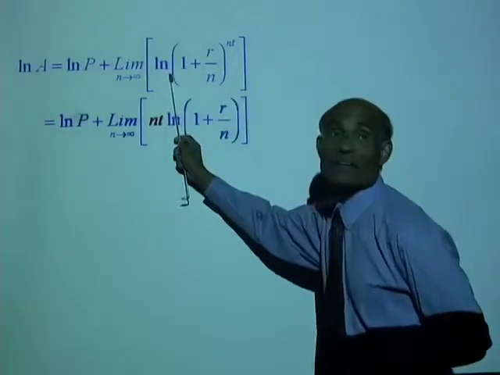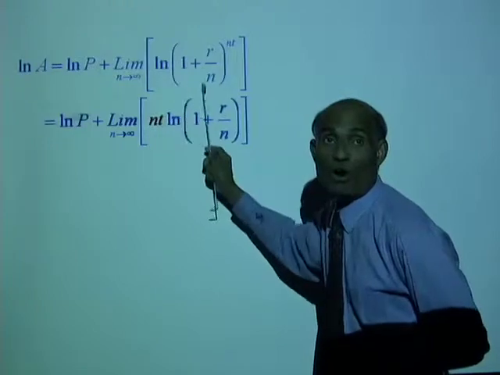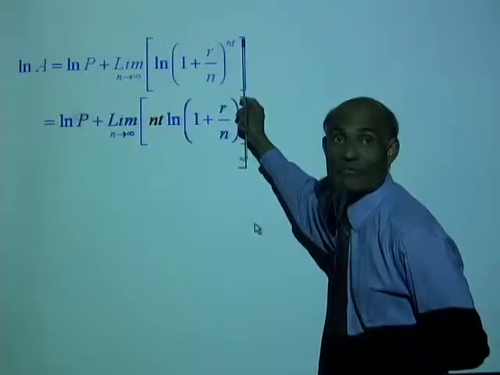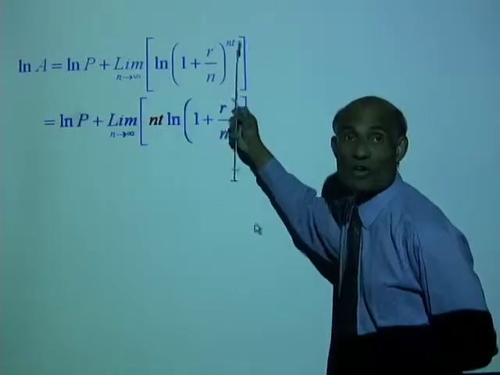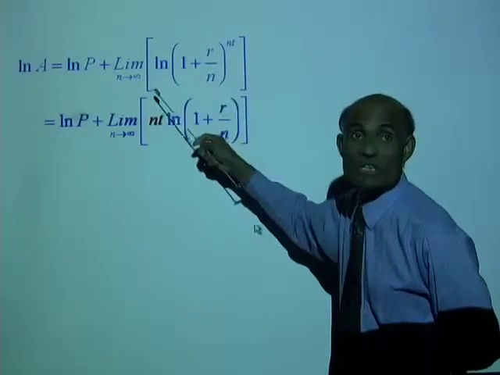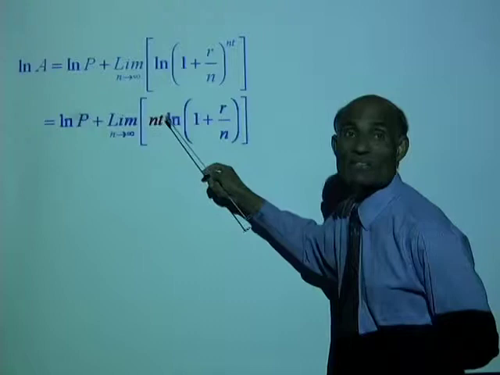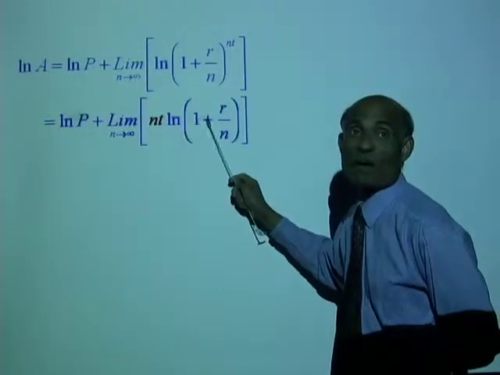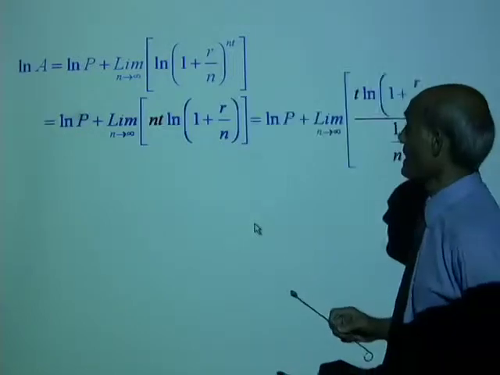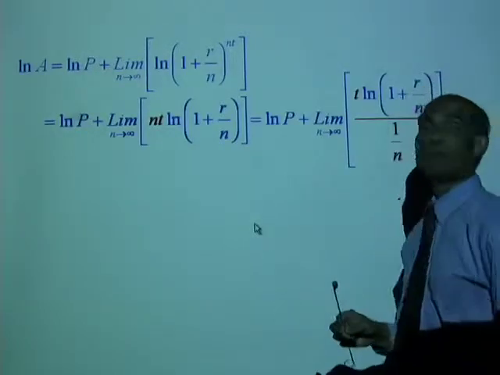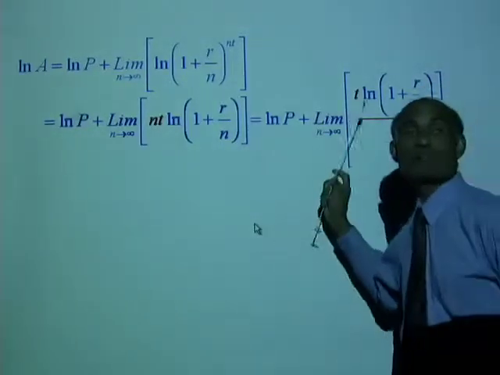Well, you know that ln of a to the power of x is x ln a. So now nt gets multiplied: it'll be nt ln(1 plus r over n). Now, look at the manipulation I'm doing here.